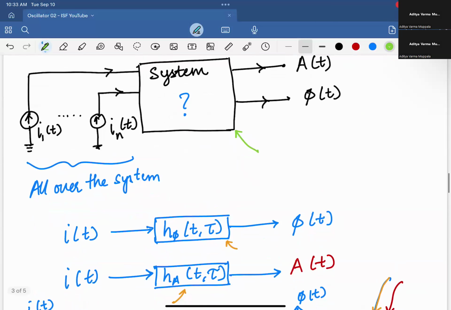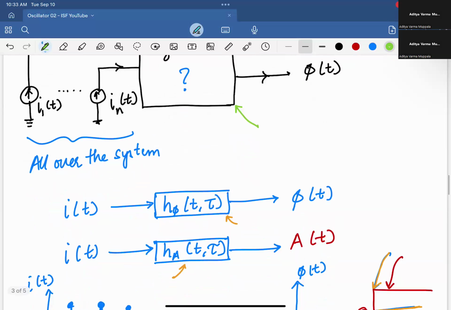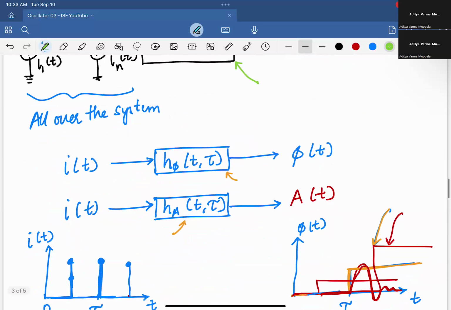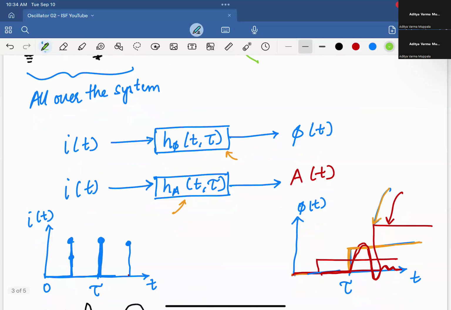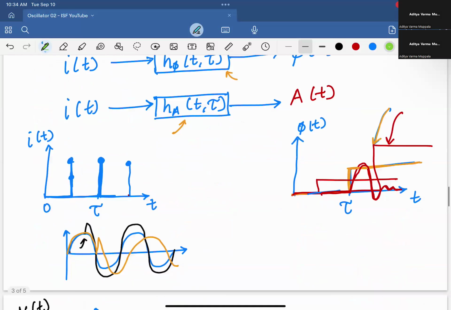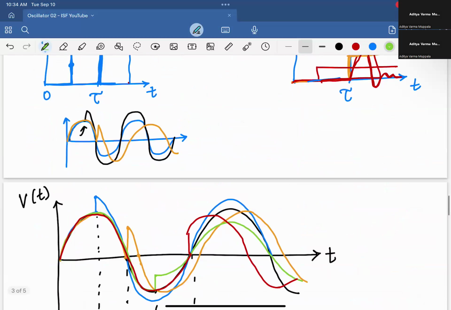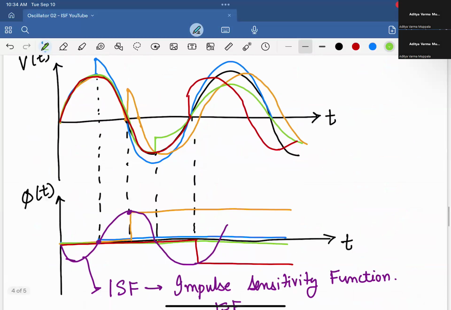So once we say, okay, this system is linear, we can characterize it by its impulse response. So given an input I of t, which is an impulse function, we said, okay, the phase can be found by characterizing the system as two different impulse responses, one for phase and one for amplitude. And we said, okay, this is a time varying system, of course, because depending on when the impulse hits, the response can be different. And we assumed that the response takes the form of a step function, that whatever phase shift is created in the beginning, that persists for all of time.